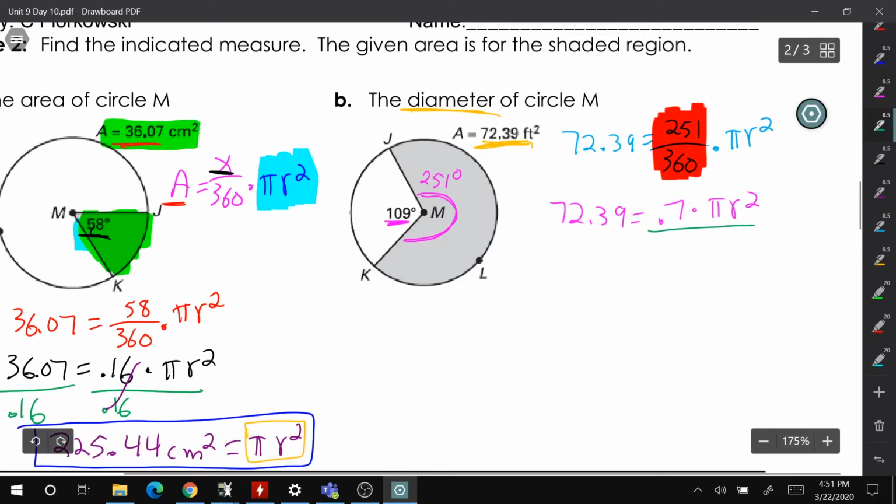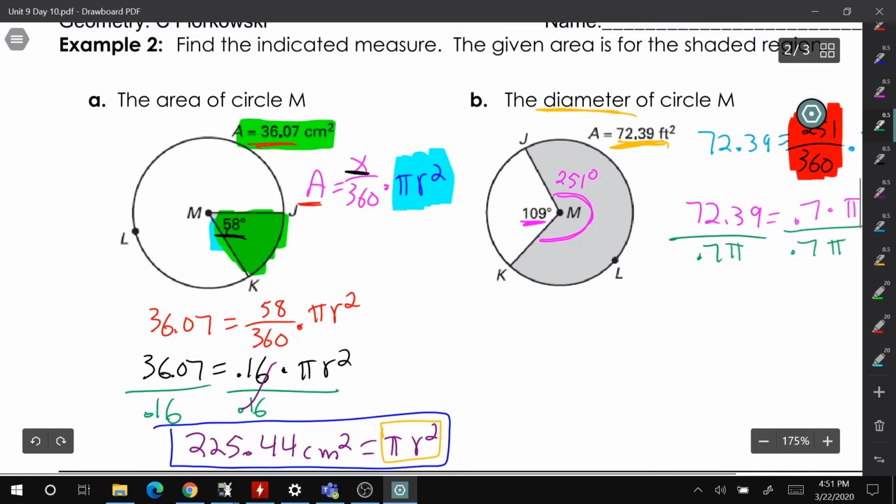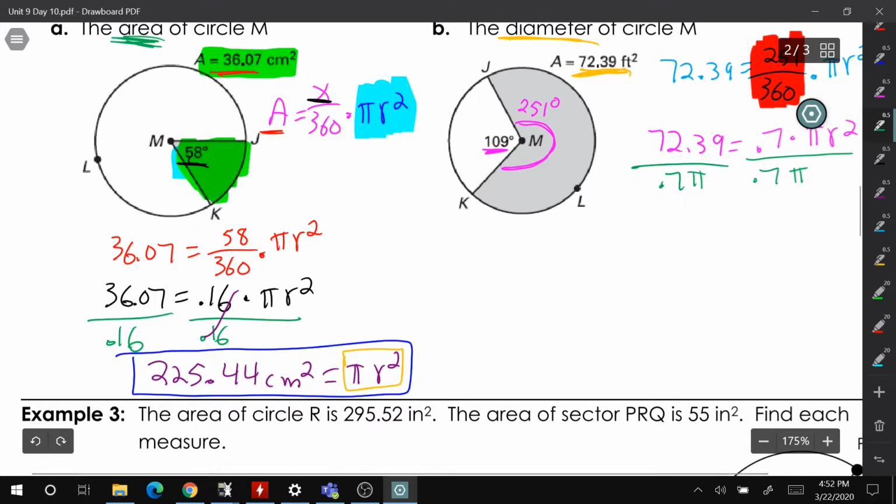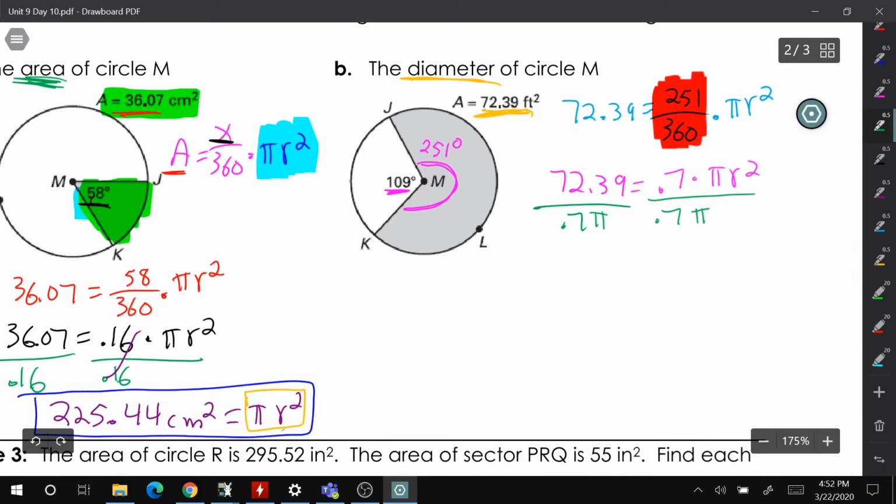Now I'm going to divide both sides by 0.7 pi. And I know that's different than what we did in the other problem, but in the other problem, we were asked to find just the area. And I wanted to make sure that my final answer had pi r squared in it. Here, I want to get r by itself, so I need to divide both sides by 0.7 and pi.